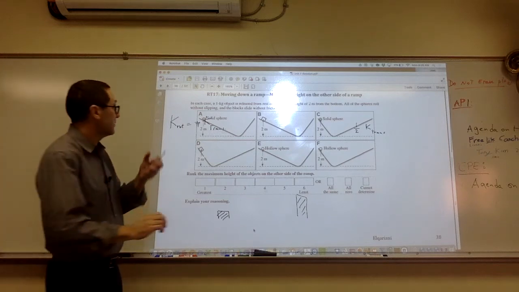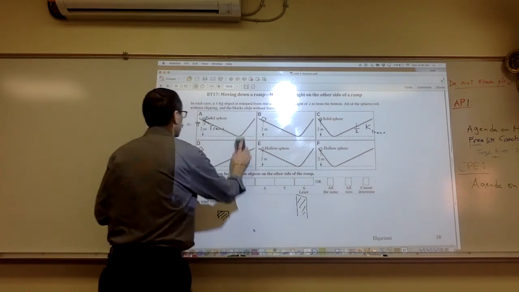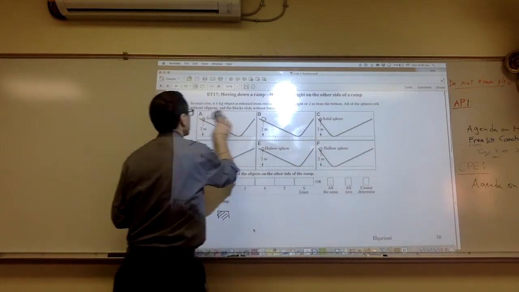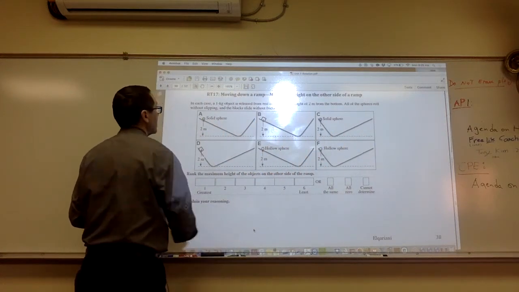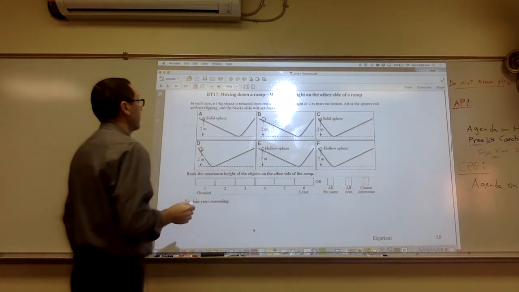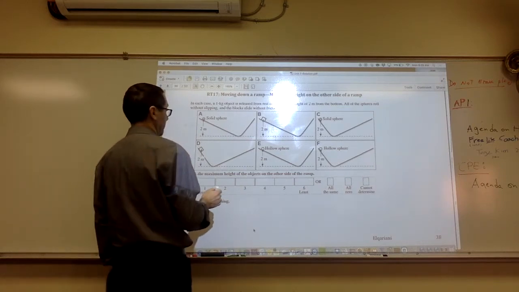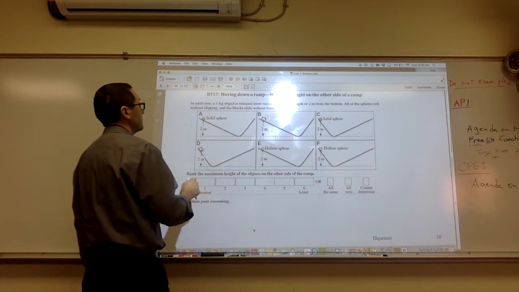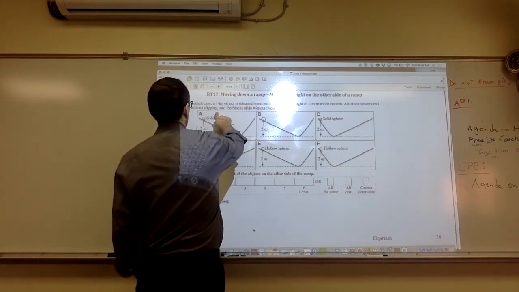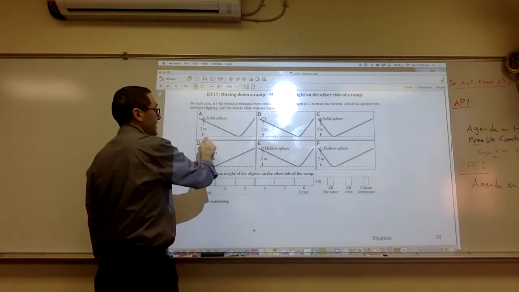Now RT17. All of these objects start from the same height.